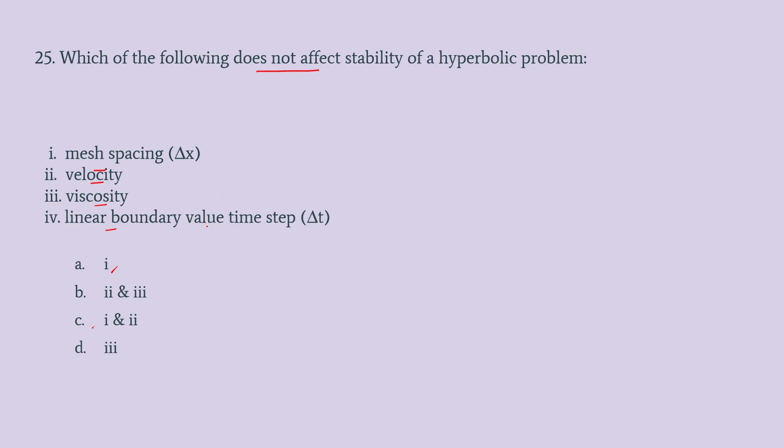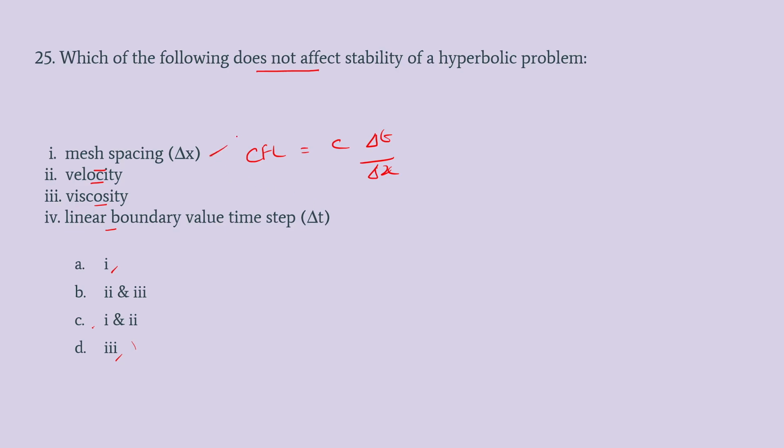Our answer is option D, that is, viscosity. Stability is mostly not dependent on the viscosity. We have already seen that for the CFL criteria, CFL number is C delta t by delta x.